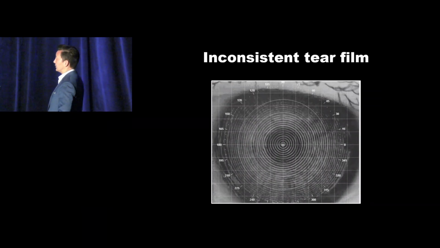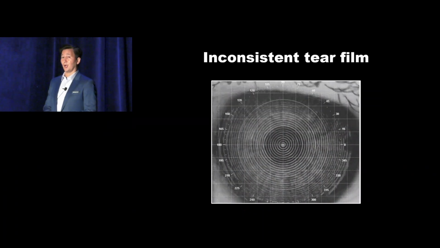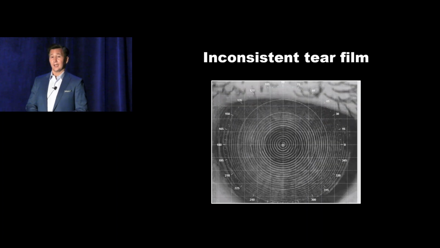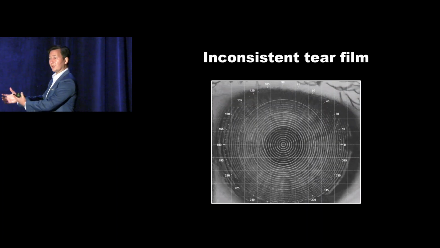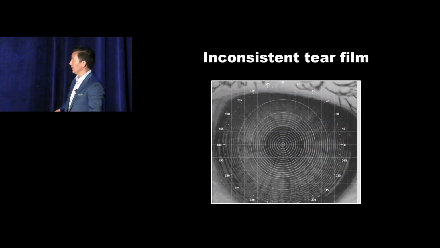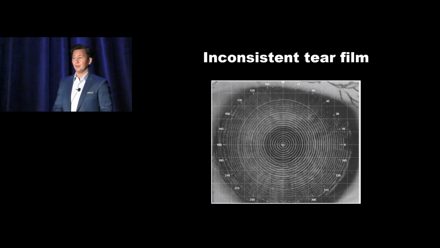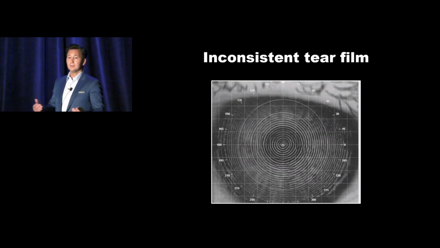Now, one of the things about a reflection-based topographer, and that's the vast majority of topographers out there, it's reflecting off the tear film and back to the instrument. And what you're looking at is the tear film dynamically. And what you see is that this eye has tear film breakup.